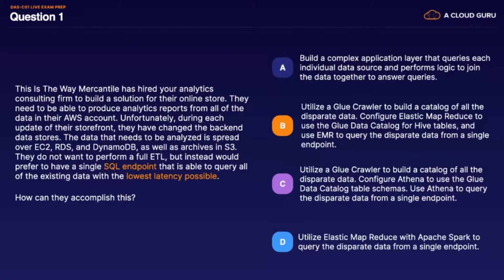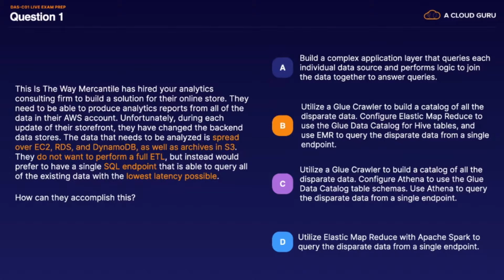We also need a SQL endpoint. That could be important. There's API endpoints and SQL endpoints and all kinds of different ways we might be connecting with our data. We do not want to perform a full ETL. This is one of those things you love to see on a work request. It's like, oh, okay, we're going to design something difficult.